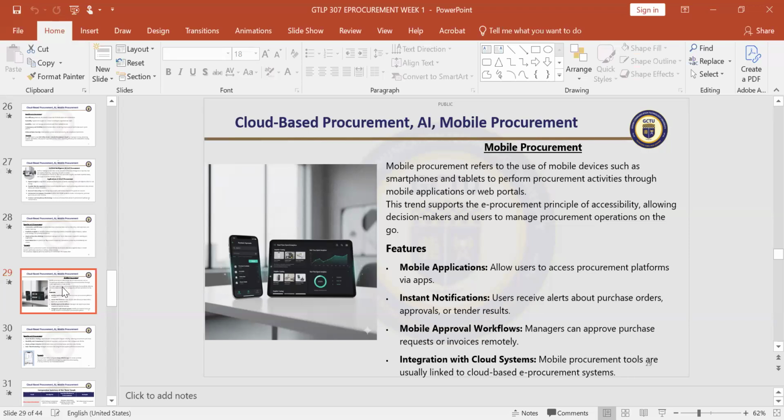So the same app, the same system, can be on your phone. You realize that some apps have been designed to work on tablets, on laptops, and on phones, and the interfaces are not the same, right?